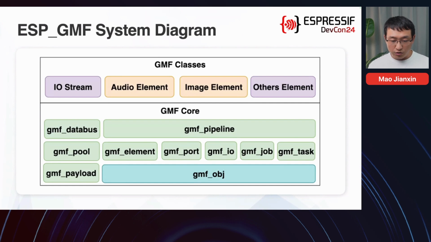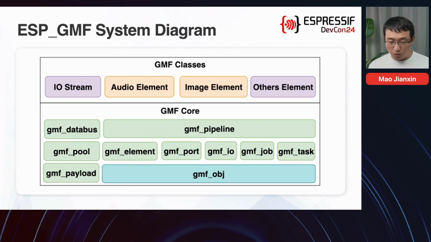Let's look at this system diagram. The GMF core is the basic framework of GMF. It primarily consists of modules such as GMF object, GMF IO, GMF element, GMF task, GMF job, GMF pipeline, and GMF port.